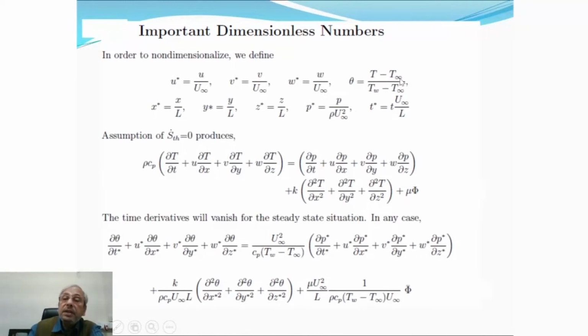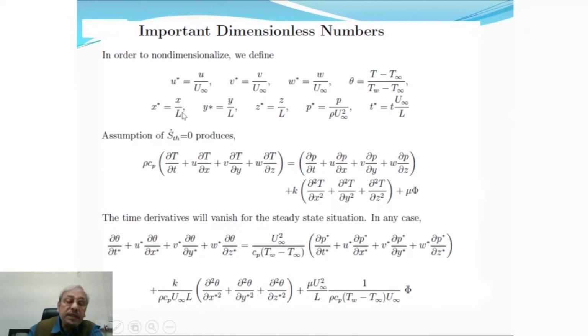So theta is T minus T infinity divided by TW minus T infinity. It is done in such a way that theta will vary between 0 and 1. Maximum will be 1: T will be equal to TW, then theta will be 1. Minimum will be 0: T will be equal to T infinity.